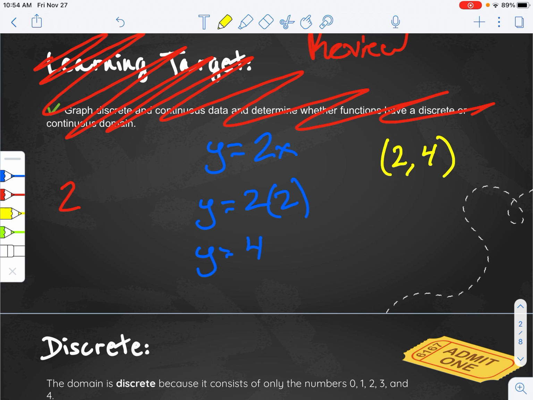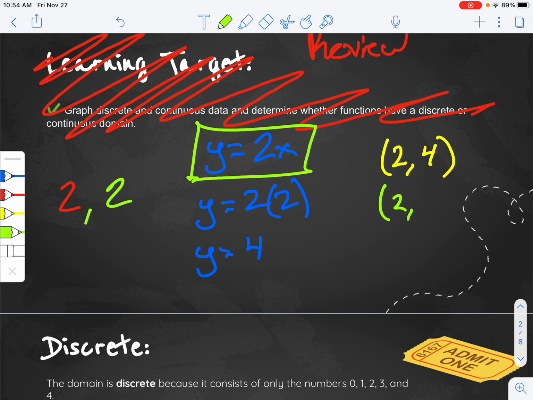Now, we can determine if something is a function or not based on whether we have 2 inputs that are the same. We could not run 2 back through this function and get a different value, because if we plug 2 back in, we would get (2, 4) again.